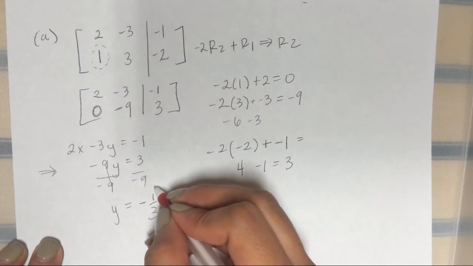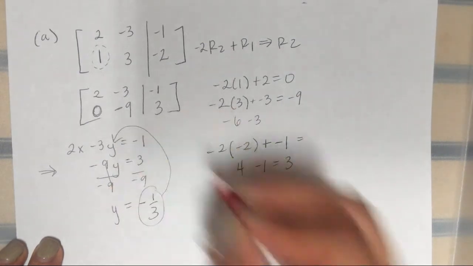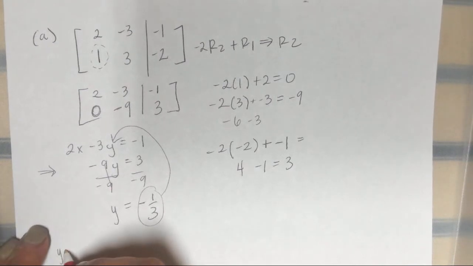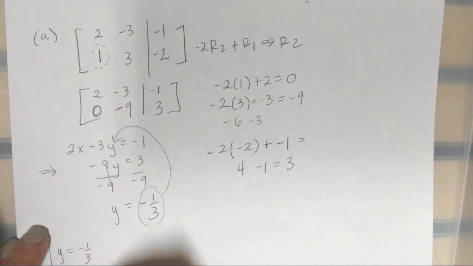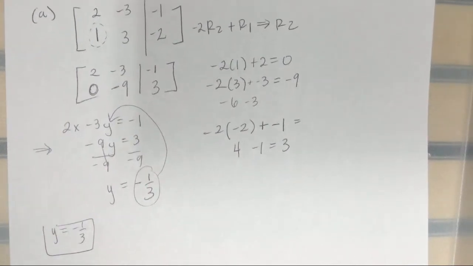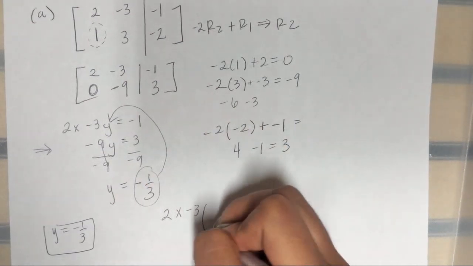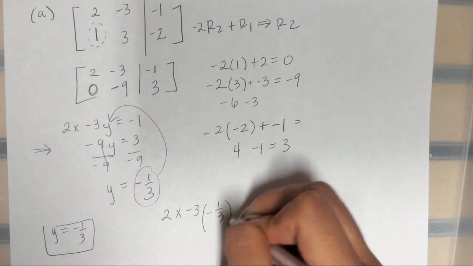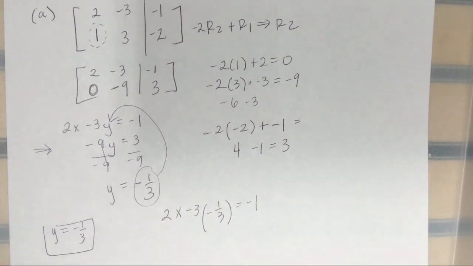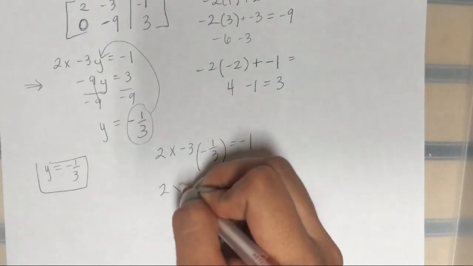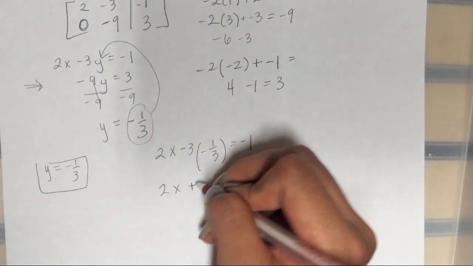And then now I'm going to substitute this back into y to find x. So this is one of my answers. Let me box it in so I don't lose it in my work. And then I'm going to plug this back in. So 2x minus 3 times y equals negative 1. So reducing it, I get 2x, negative times negative is a positive.